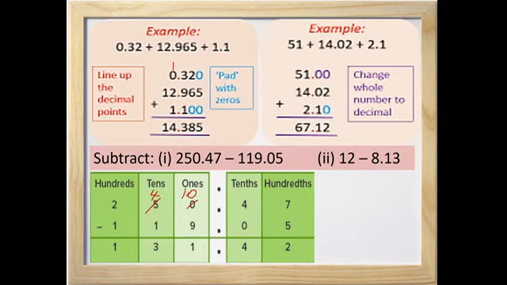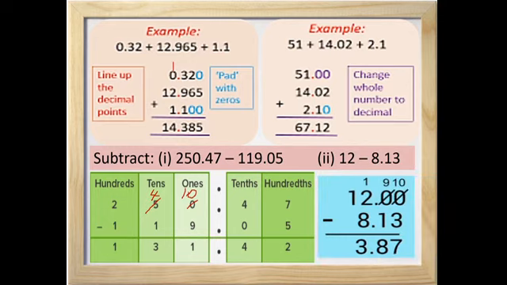Now let us take another example, that is 12 minus 8.13. So let us see how to write these numbers. Now children, here 12 is a whole number and 8.13 is a decimal number having two decimal places.